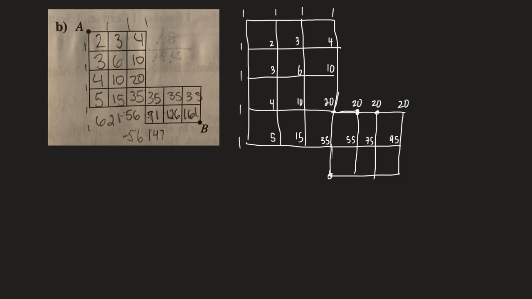Okay, to get to this point, it's just following along from the 35. If I'm just dropping straight down, it'd be the same number of ways. So this would be 35. 35 and 55 would be 90. 90 and 75 is 165. 165 and 95 would be, I think, 260. So 260 ways to get to there.